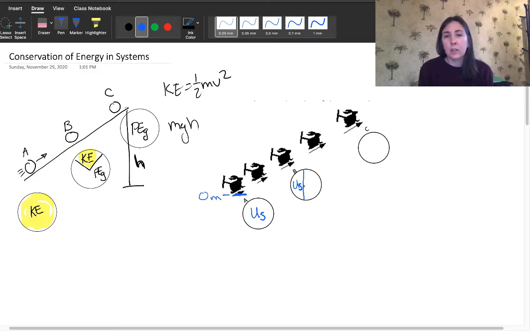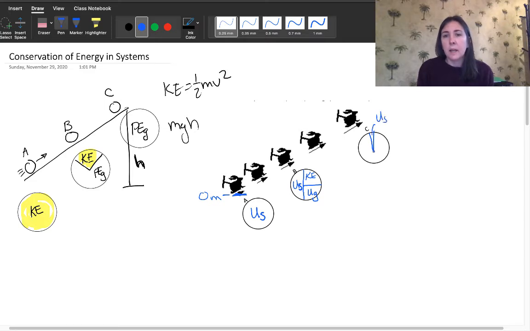And then some of this is going to be kinetic energy, and some of it's going to be gravitational potential energy. Notice here I'm using UG to denote potential energy. You can also say PE, potential energy G. It's important to recognize both of these as ways to write potential energy. Then when this rabbit gets all the way to the top of the hill, maybe it's no elastic potential energy, or maybe it's just a teeny tiny sliver of elastic potential energy.